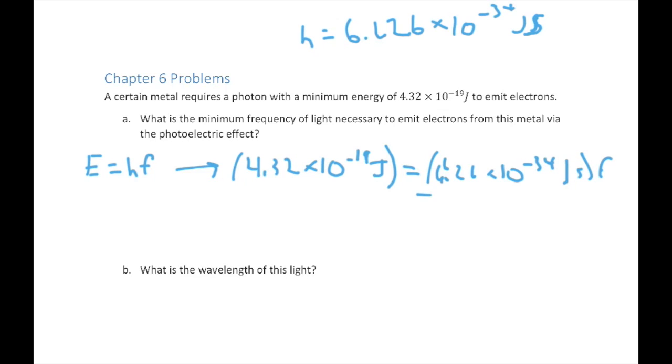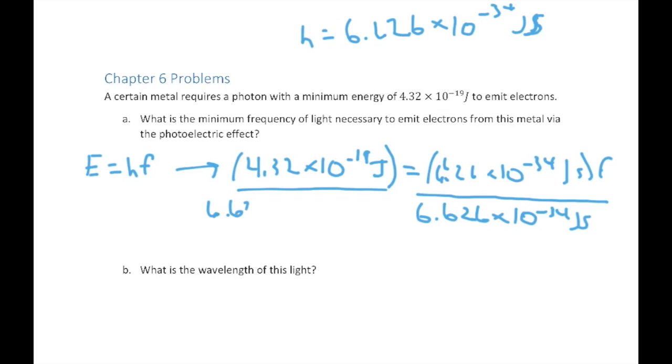So to solve for f, we simply divide by Planck's constant on each side. So divide by 6.626 times 10 to the negative 34th joule seconds. You notice that joules will cancel.